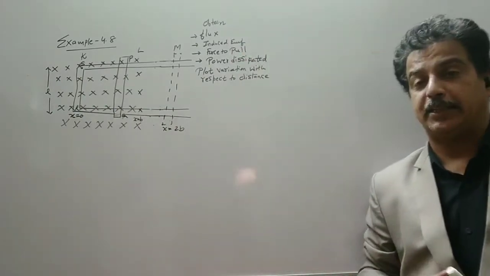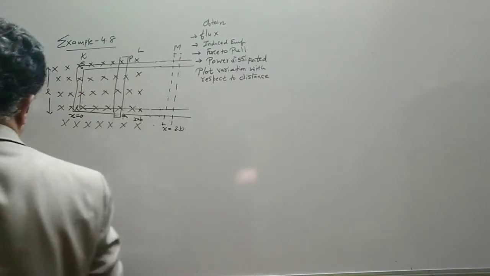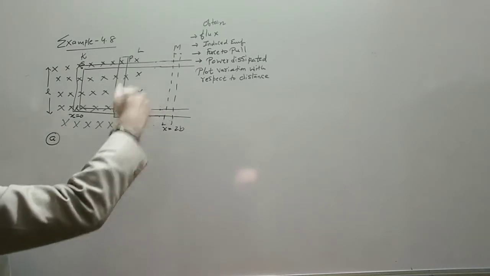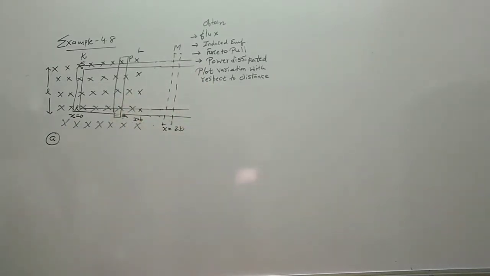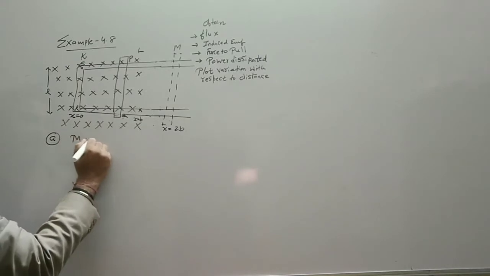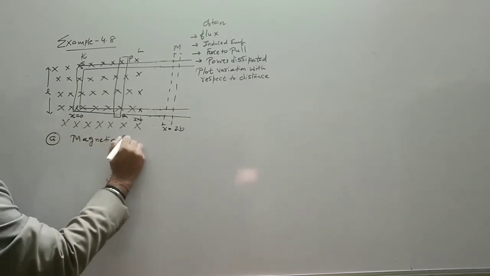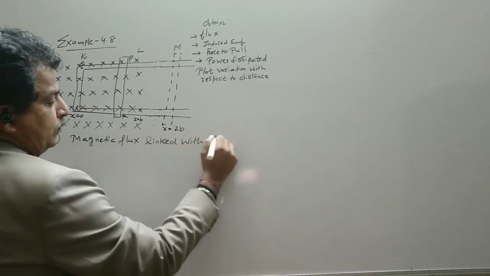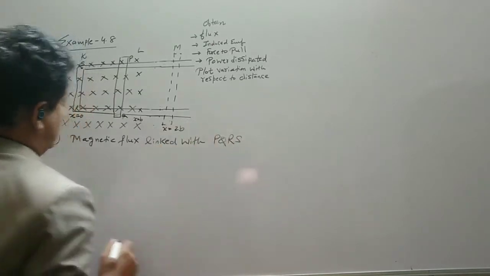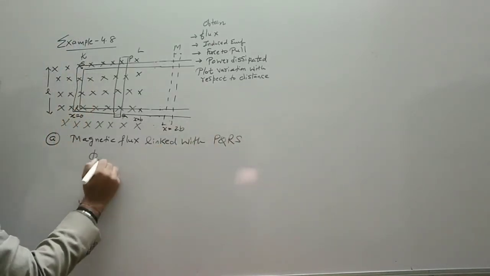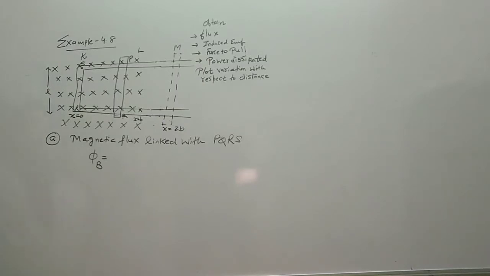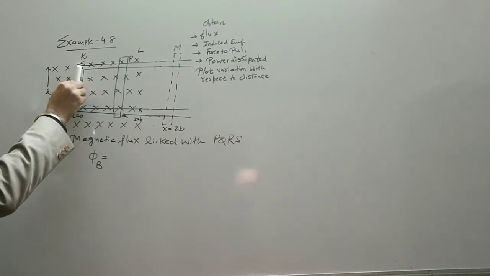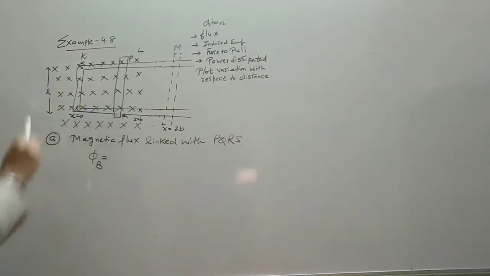You have to find out the expression. So clearly the magnetic field exists up to b only. Thereafter it is given in the question that the magnetic field is 0. So the magnetic flux linked with PQRS, phi of B, is equal to, now initially when this rod is at the origin, the distance is 0 so the flux is 0.